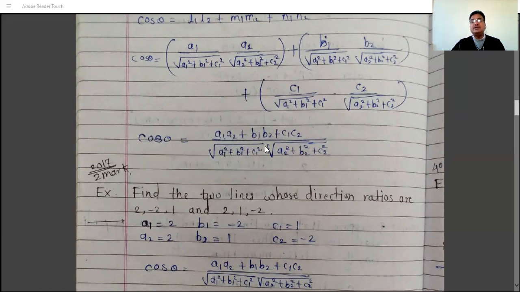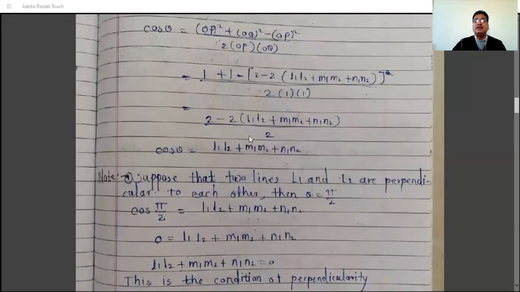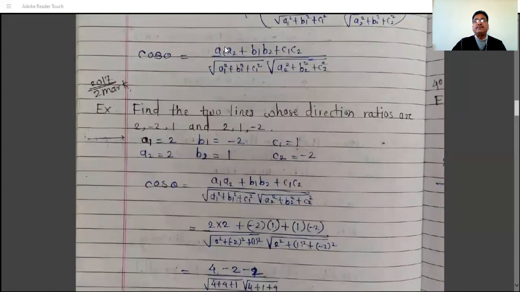So a1, b1, c1 and a2, b2, c2 are the direction ratios of the lines. This is the formula in terms of direction cosines: cos theta is equal to l1 l2 plus m1 m2 plus n1 n2. And this is the formula in terms of direction ratios: a1 a2 plus b1 b2 plus c1 c2 divided by root a1 square plus b1 square plus c1 square, root a2 square plus b2 square plus c2 square.